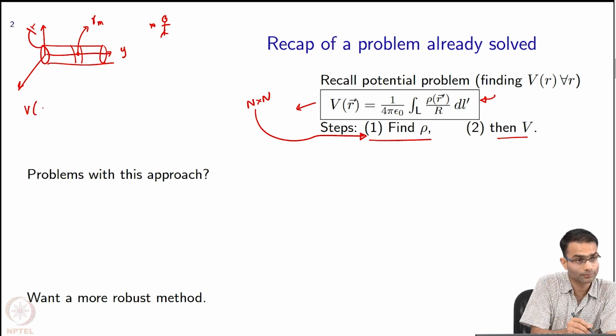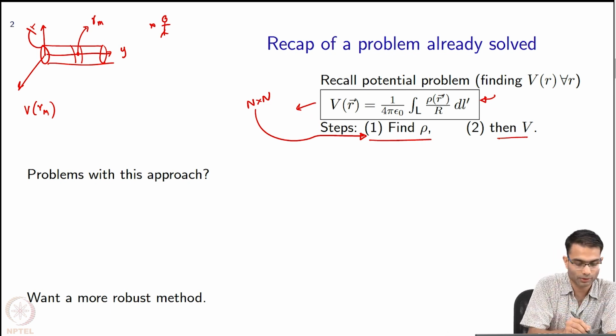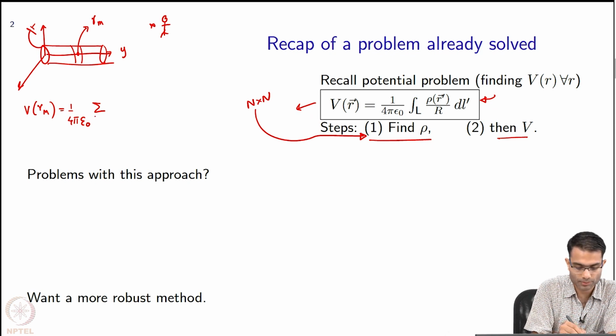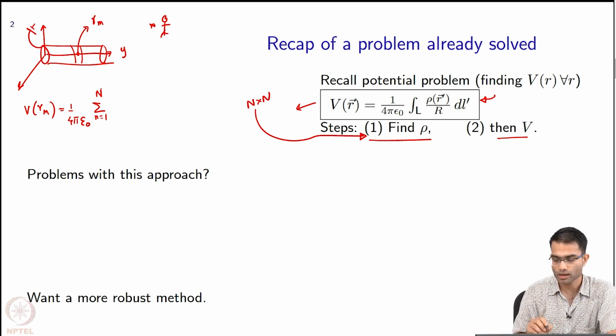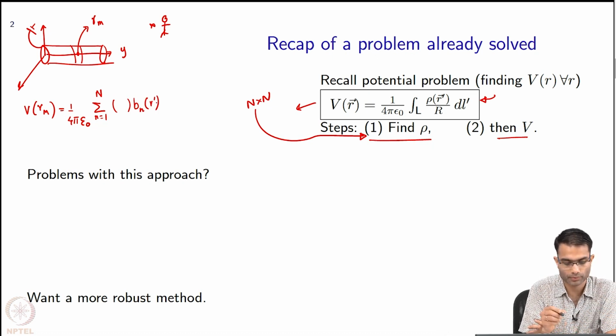So, there is V of R m, right, that is the point where I am enforcing my known condition, is equal to 1 by 4 pi epsilon, and there is going to be a summation over small n is equal to 1 to capital N, and so there is going to be a bunch of things over here, right, and the pulse basis function, if I call them B n, right, B n of, let us call it r prime, right, it is going to be some integral over a d r prime.